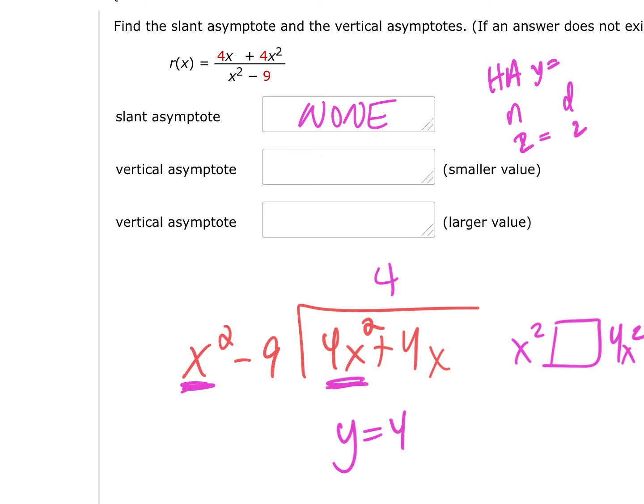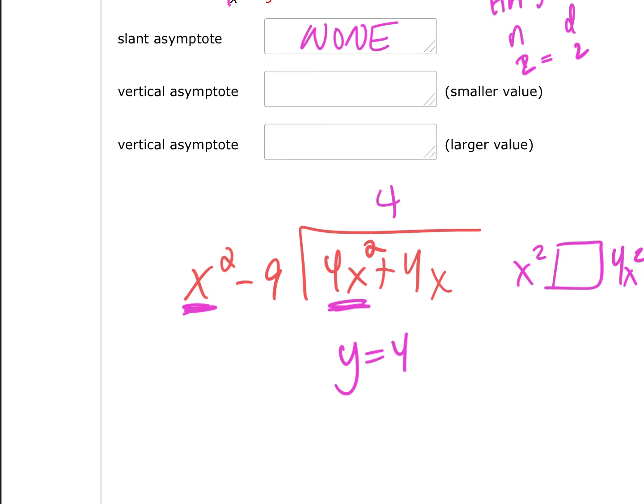So your horizontal asymptote is the leading coefficient of the numerator over the leading coefficient of the denominator. What is the leading coefficient of the numerator? 4. Over the denominator is 1. Isn't that what you got right here? That's why if there's no slant asymptote, you will have a horizontal asymptote, and vice versa.